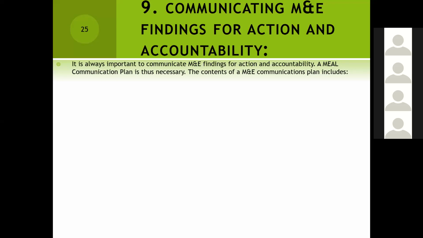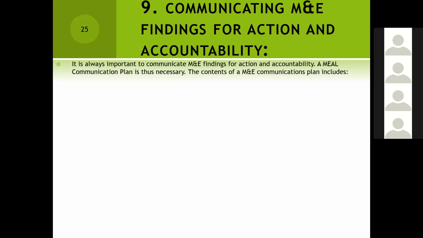And a MEAL communication plan is very, very critical. It will have certain critical components that we need to have, and I just want to show you some of those components.